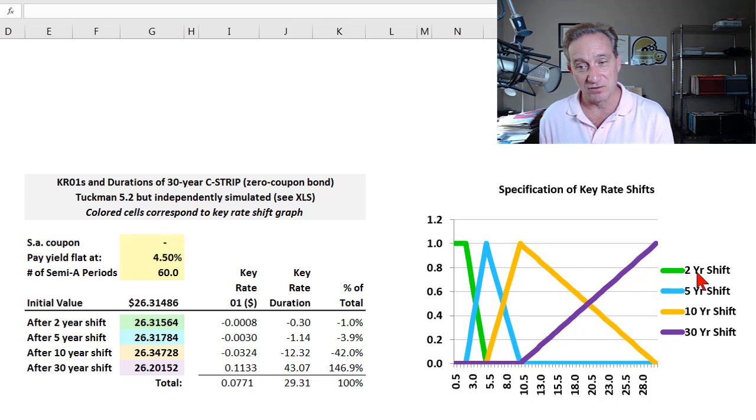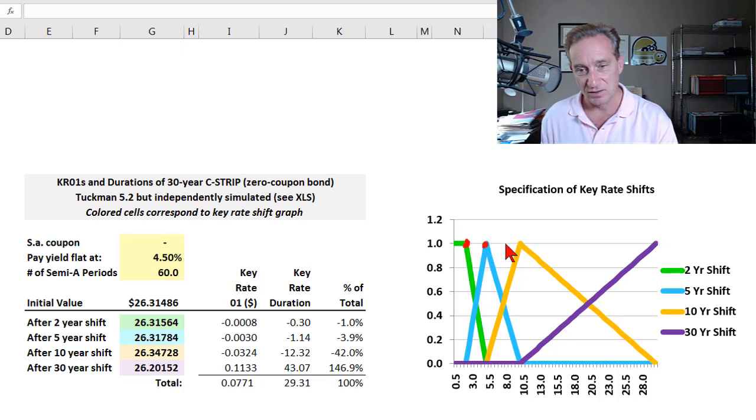I've color-coded them here. The 2-year is right here, the 5-year peak is right here, the 10-year is right here at the peak, and here's the 30-year. So it's only the 4 key rates.